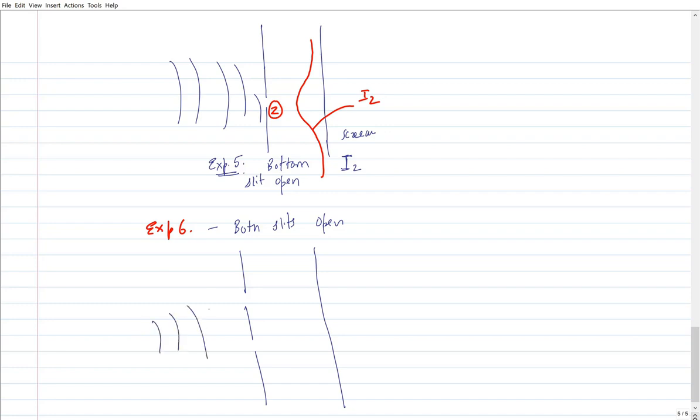And I have my water waves. Now they pass through both slits. And when I see the intensity plot, when both slits are open, the combined intensity looks like this.